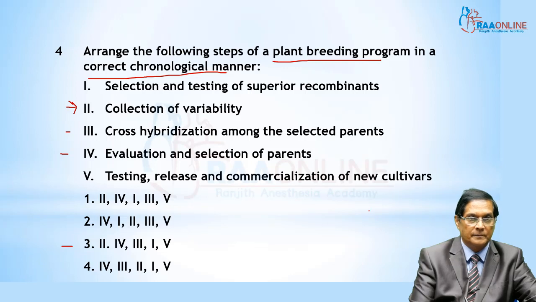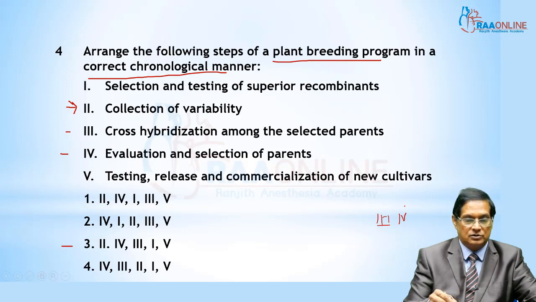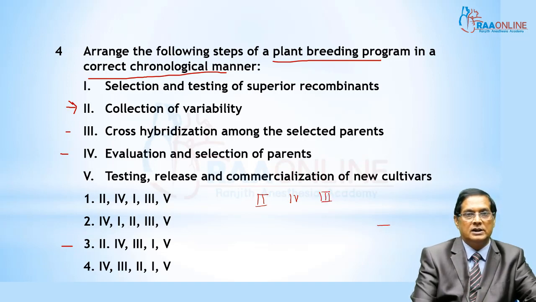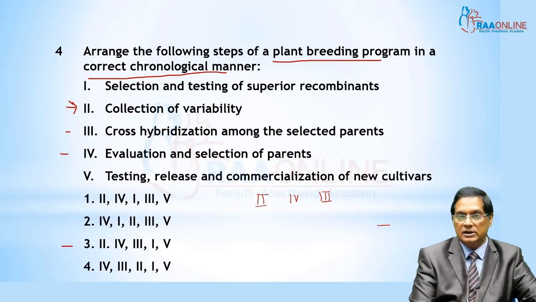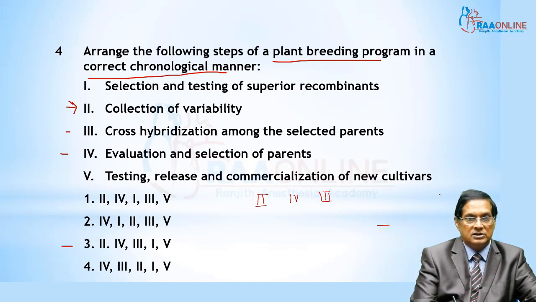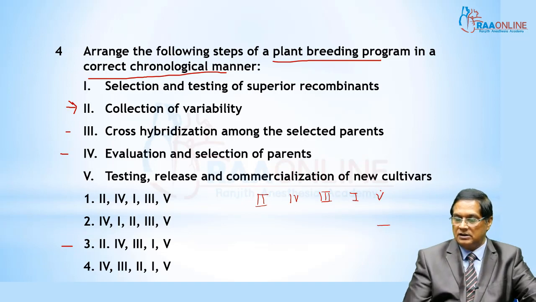So the first one is collection, 4th is evaluation, 3 is cross hybridization, that is the third step. Then selection of superior, and last one testing and release.